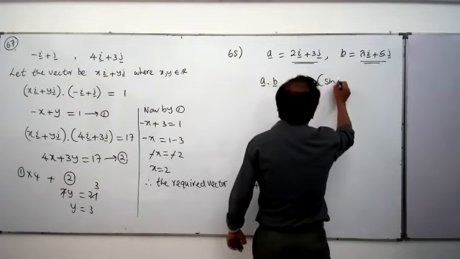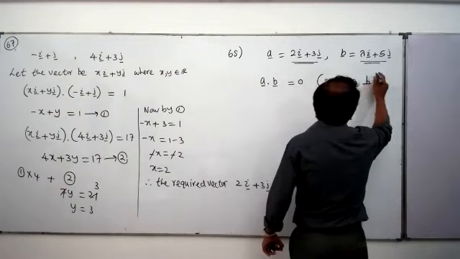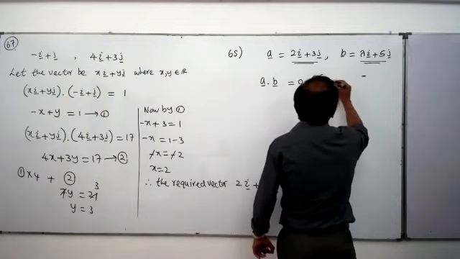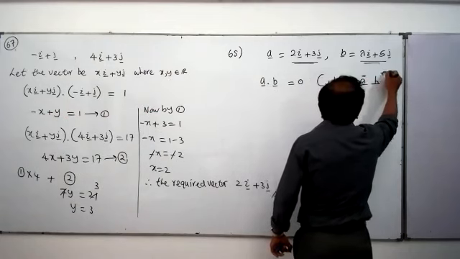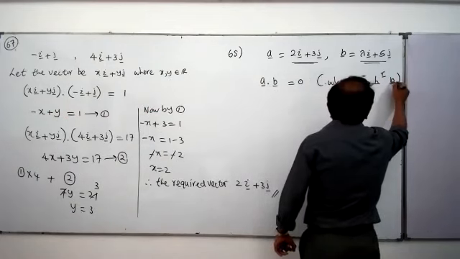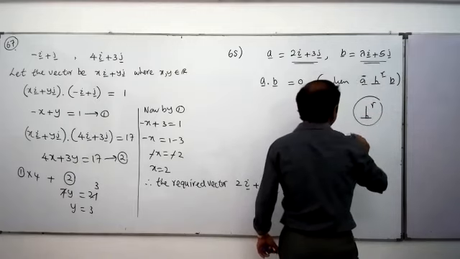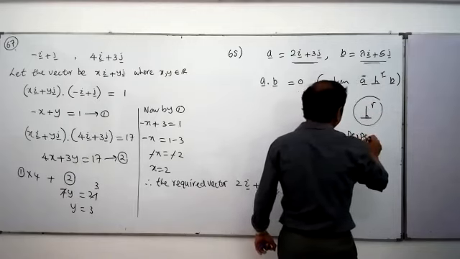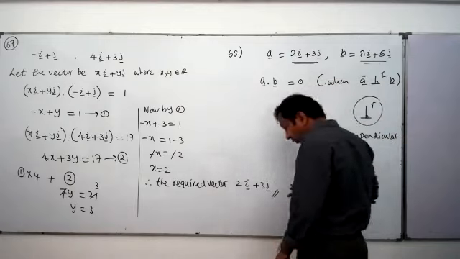Since A is perpendicular to vector B, this is a notation to say perpendicular. Okay, right.